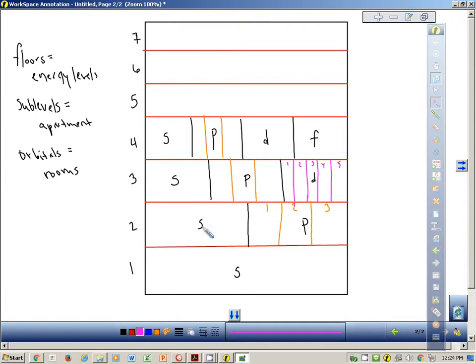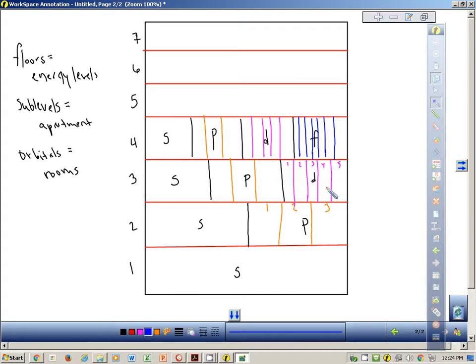The D of the 4th energy level is still going to be divided up into 5 rooms because every D has 5. How many should I divide F into? If I can fit it. 1, 2, 3, 4, 5, 6. One of my rooms is slightly bigger than the other. So it's divided up into 7 rooms. We're getting the idea of what's happening. I'm not going to continue, but it's what would take place.